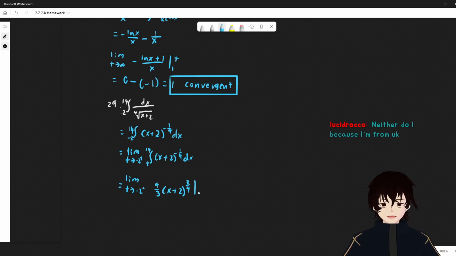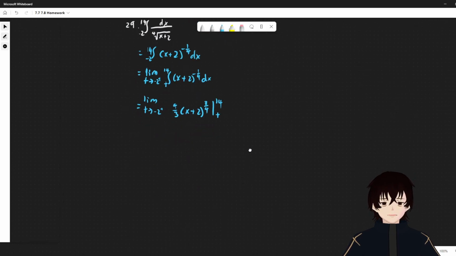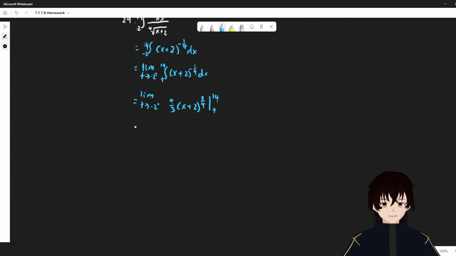And this is going to be from t to 14. Ooh, convergent. That means this is equal to 4/3 times (14+2)^(3/4) minus 4/3 times 0^(3/4), which is fine.